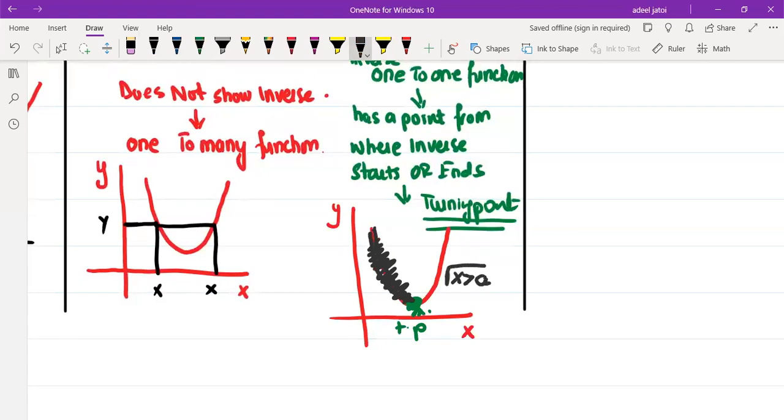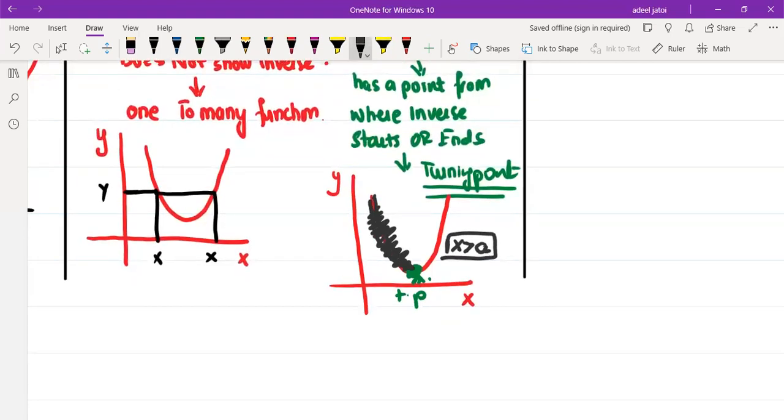That means if the graph is for x greater than a, we will be looking forward after the turning point. And when I'm looking forward after the turning point, what we notice is for each value of x, we have only one value of y.